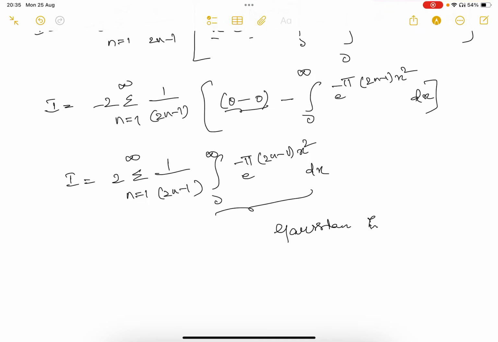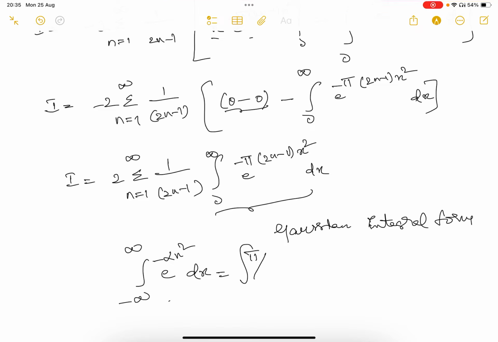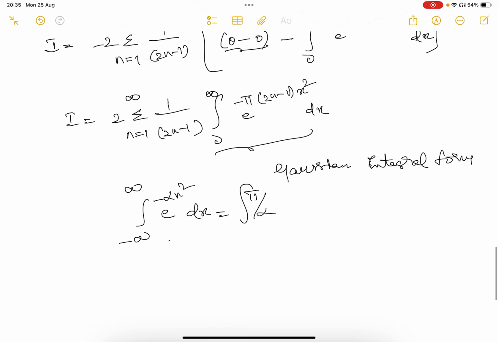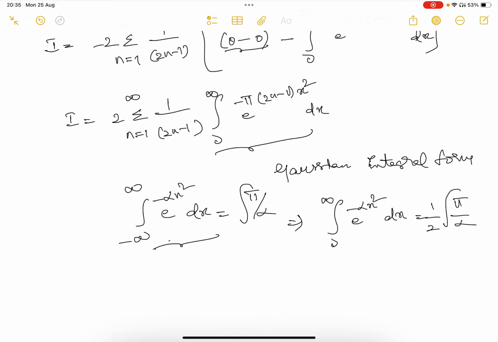So this is in the form of a Gaussian integral, which is integral minus infinity to plus infinity e power minus alpha x square dx is root of pi by alpha. Because this is an even function, integral 0 to infinity e power minus alpha x square dx will be half of root of pi by alpha, right?